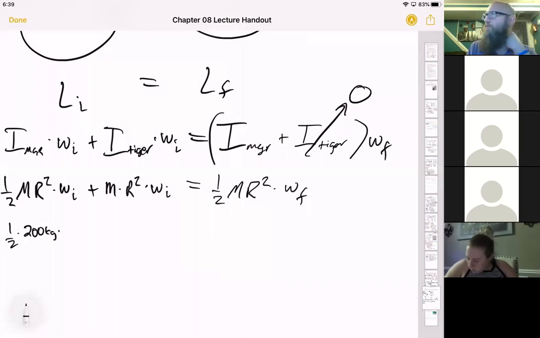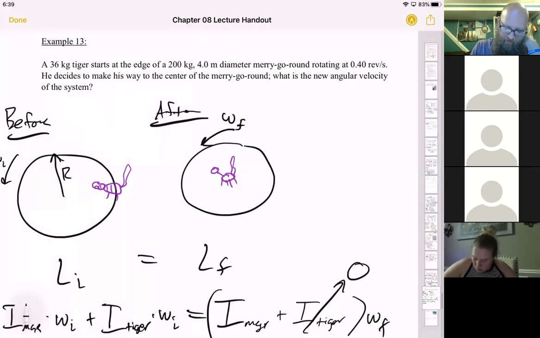It's a 4 meter diameter, so it's a 2 meter radius squared, times omega initial. If you multiply by 2 pi, this is in revolutions per second, right? And there's 2 pi radians in 1 revolution.